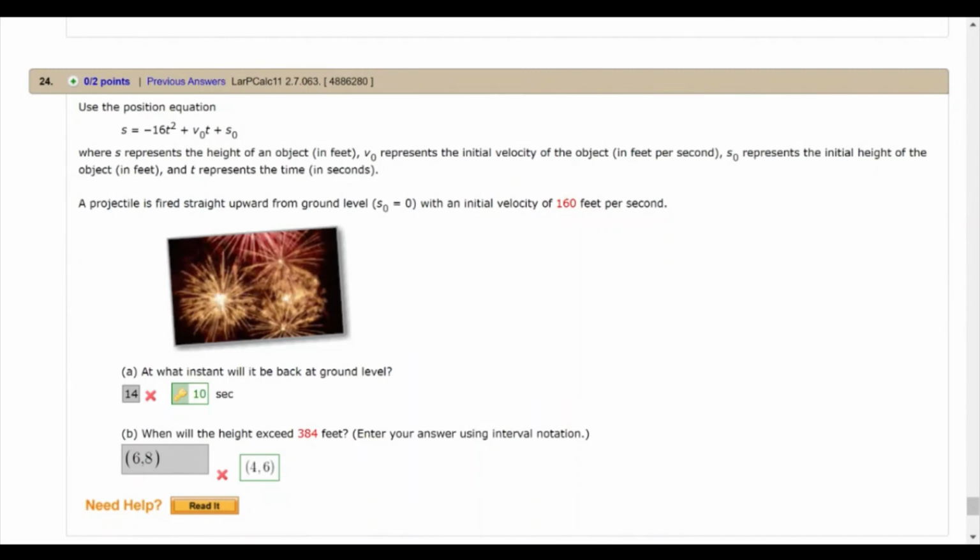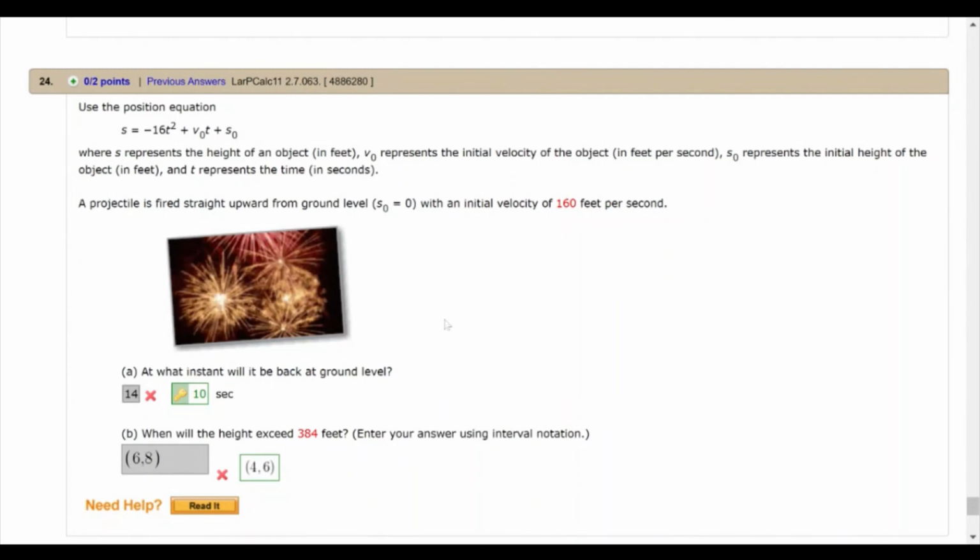What does it mean? S naught equals 0. With an initial velocity of 160 feet per second. So which letter in this equation represents velocity? The V.